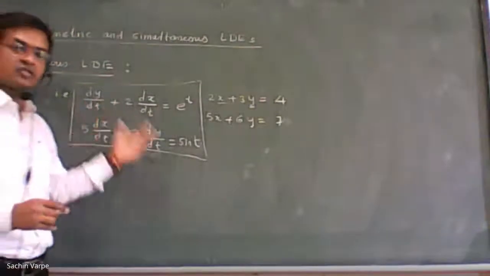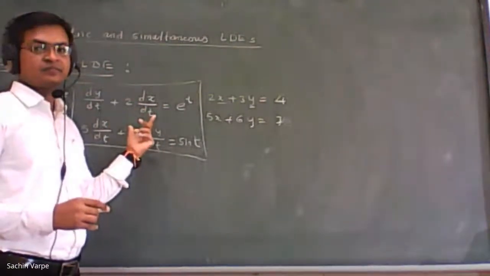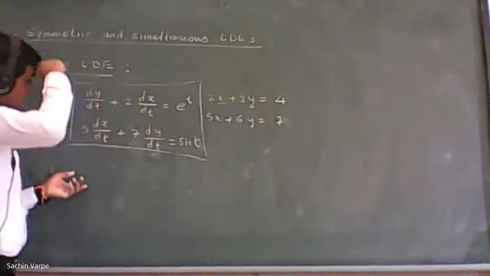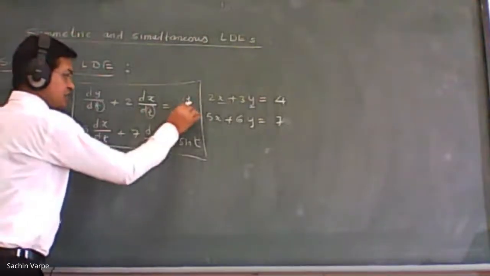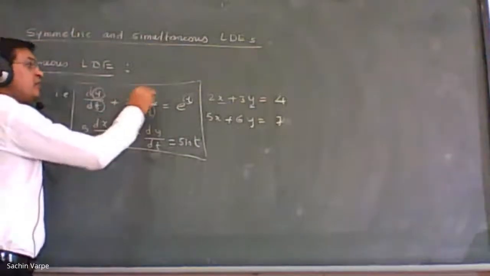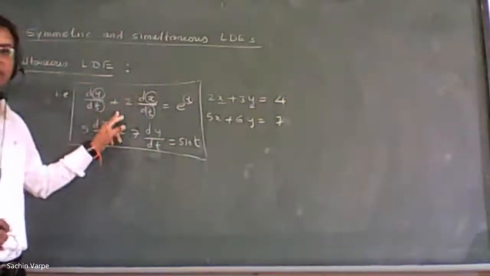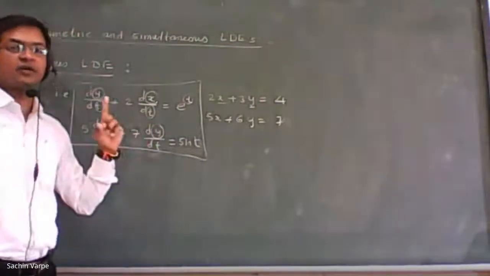Simultaneous linear differential equation. Why linear? Because the degree is 1 there. And since it involves only one independent variable, you can check. Only one independent variable, but two or more dependent variables. Here we are having two dependent variables, x and y, and only one independent variable, that is t.